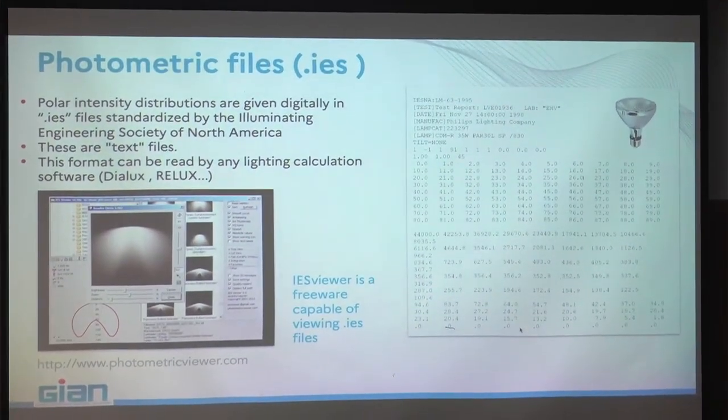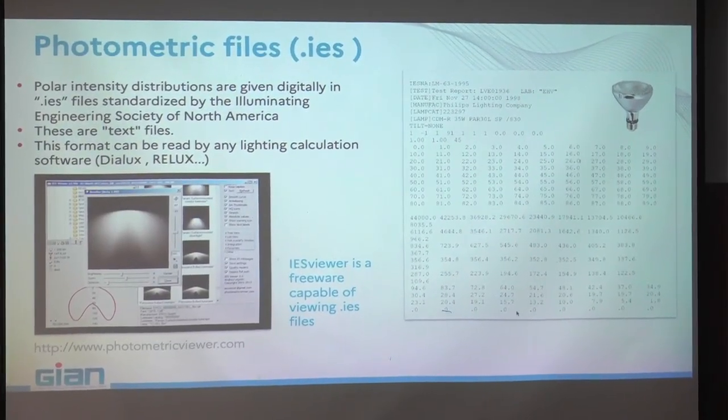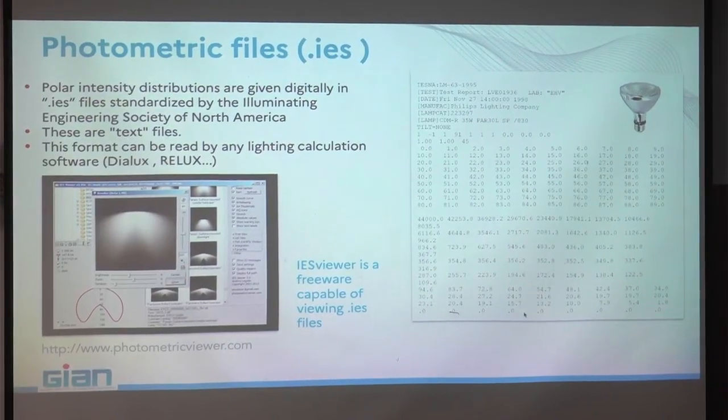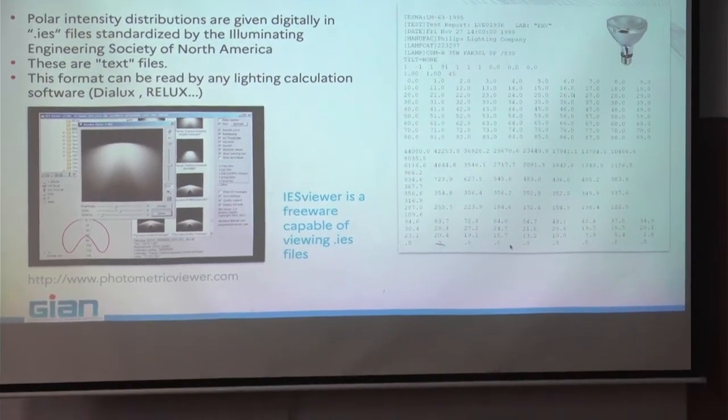Well, as I told you, those files are used by lighting simulation software. There are two kinds of software. One is called Dialux and the other is called Relux. Both of them are used by all professionals and they are absolutely freeware, because they have been established by a consortium of industry, and the idea was to abolish publishing such kind of information in paper format.